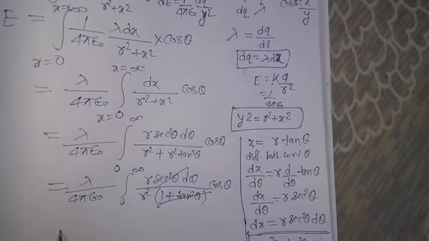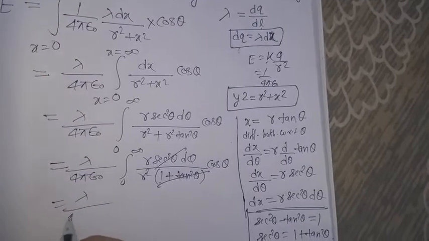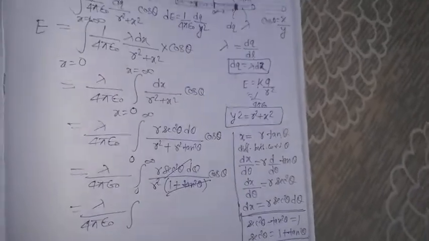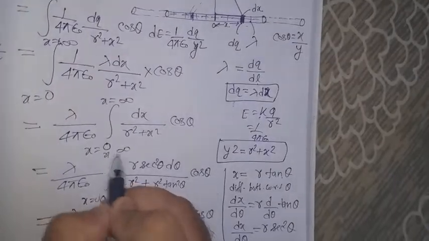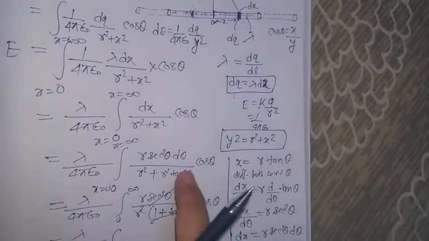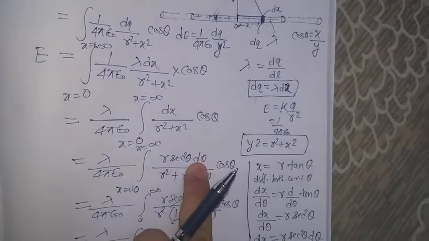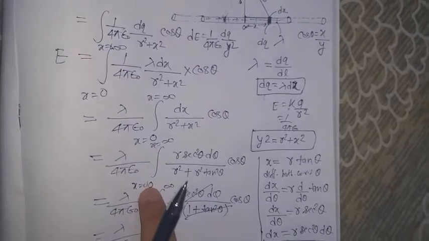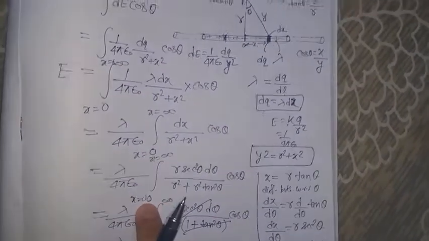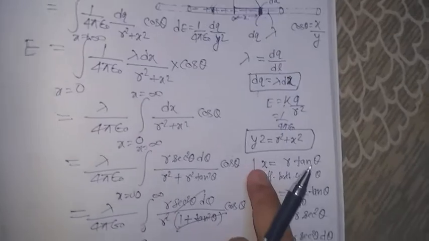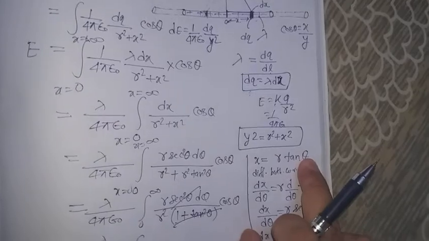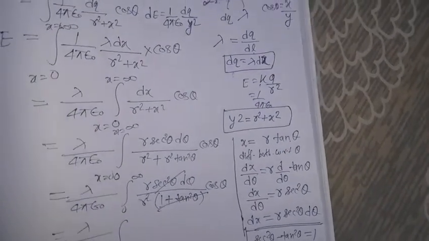Okay, so lambda upon 4 pi epsilon naught. And see here, now the variable becomes theta, so the limits must not be in terms of x, they will be in terms of theta. Now see, x equals r tan theta. When x is 0, then theta is also 0.